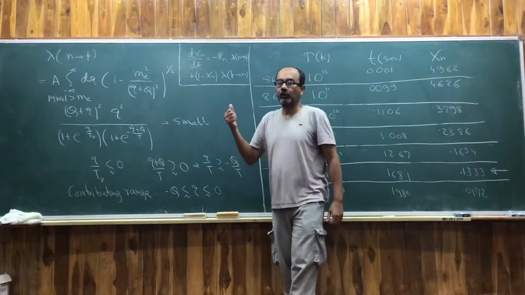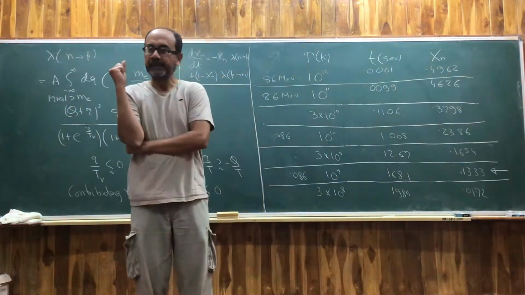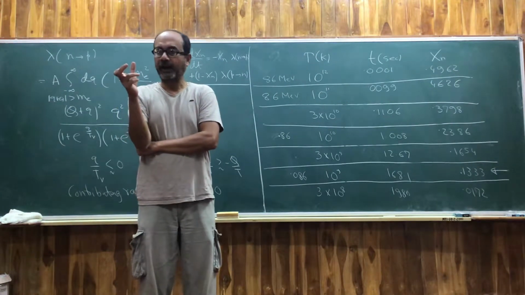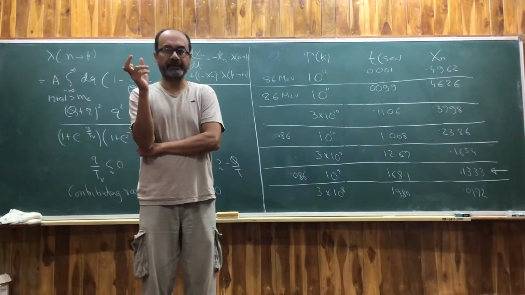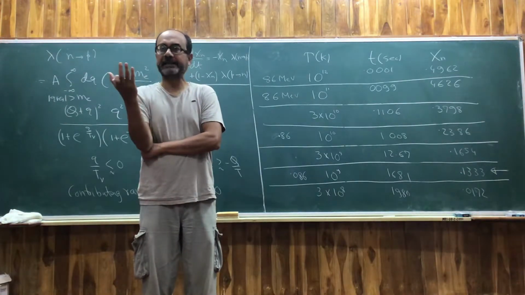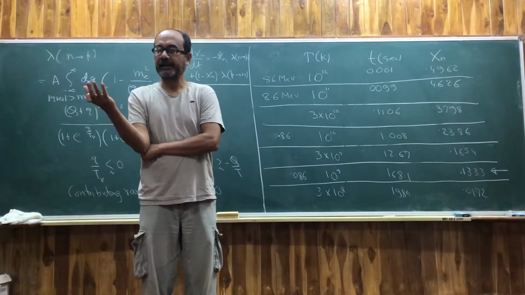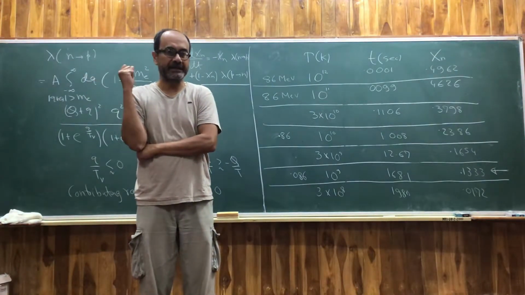But a quicker way is to say that because neutron decay is the dominant process, suppose there is an error of 10 seconds in the time determination. Then you simply see in 10 seconds how much xn will change. And how will xn change? Because the neutrons decay. Neutron lifetime we know is about 880 seconds.